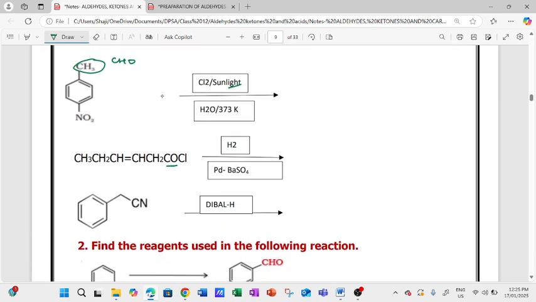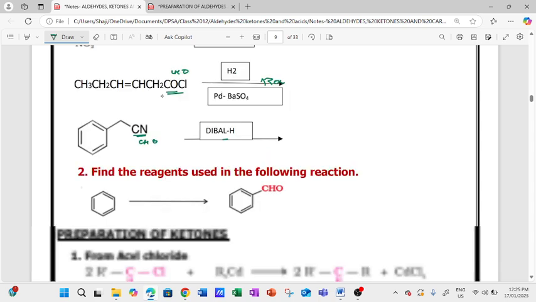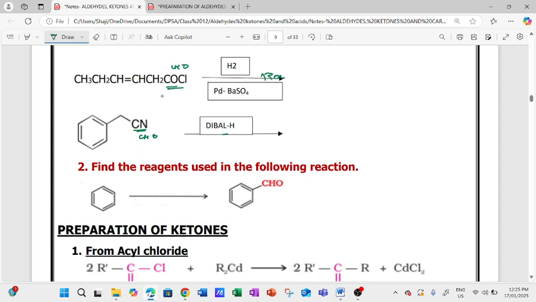Here COCl, palladium barium sulfate, which is Rosenmund reduction. It changes to CHO. CN, DIBAL, that changes to CHO. And here they said to find the reagent. This is the Gattermann-Koch reaction, benzene to benzaldehyde by using carbon monoxide, HCl, anhydrous AlCl3.